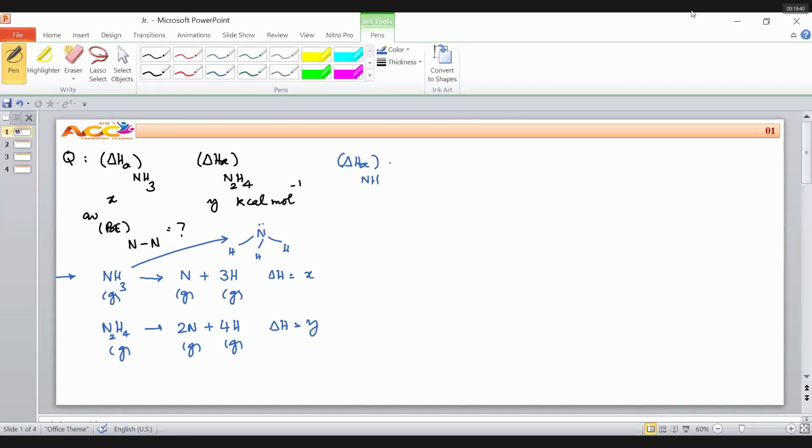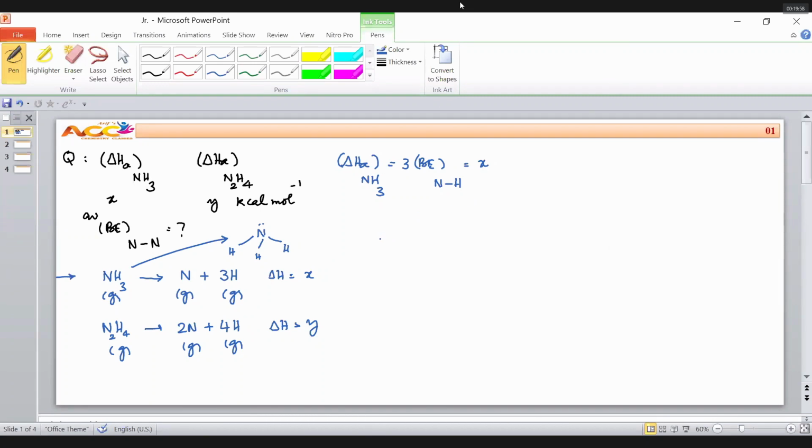My language is: bond energy of NH bond, 3 times, is equal to X. That is another way of representation.